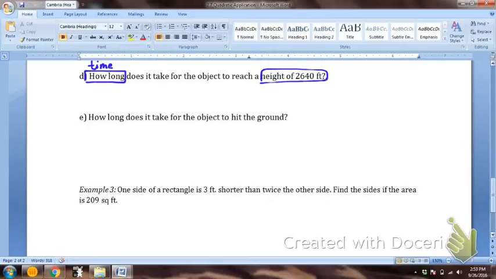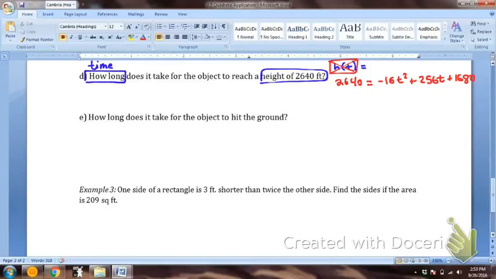Okay, so when you have h of t representing the entire height, we're going to take out this h of t, and instead of h of t, I'm going to write 2,640 equals my equation, negative 16t squared plus 256t plus 1680.